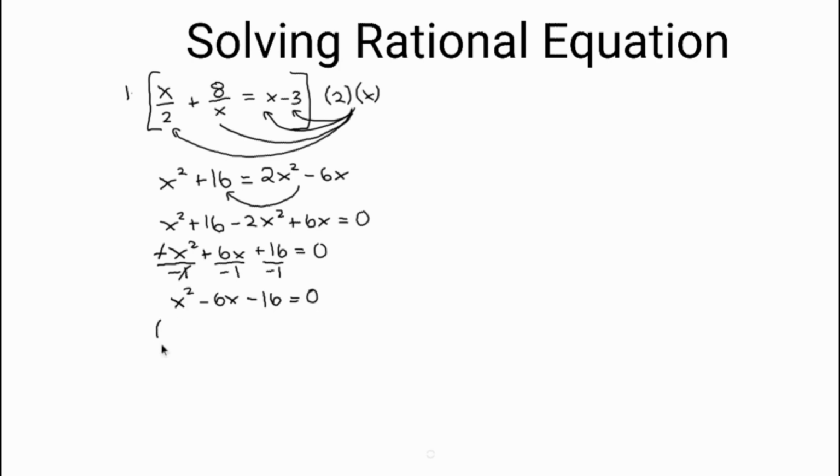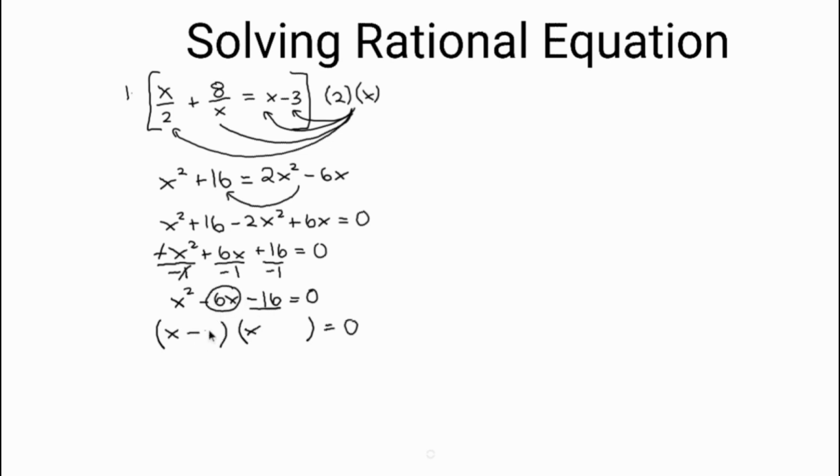Next, let's apply different methods in solving a quadratic equation. Usually we use the factoring method. So what are the factors of x squared? We have x and x. Now, let's think about the factors of 16 that, if we combine them, equal negative 6.